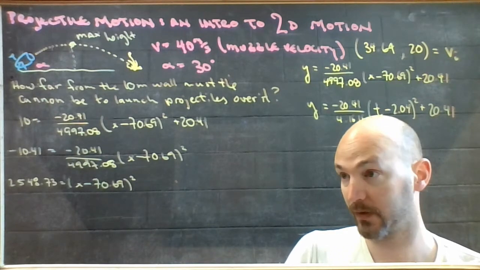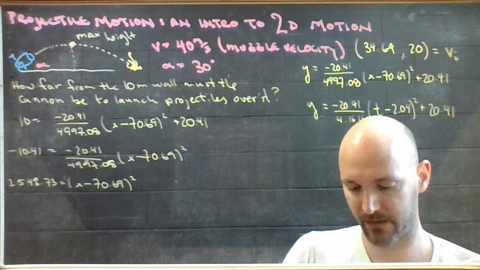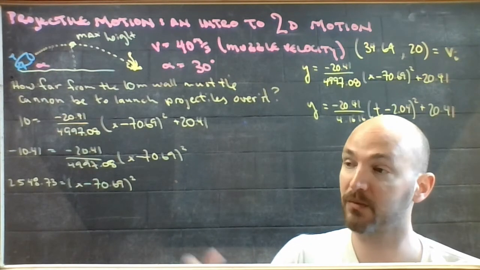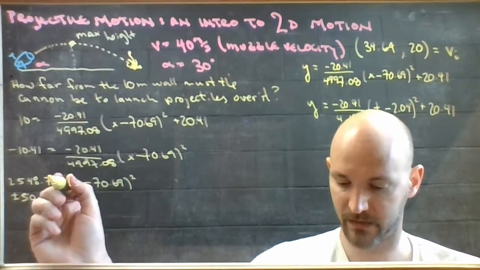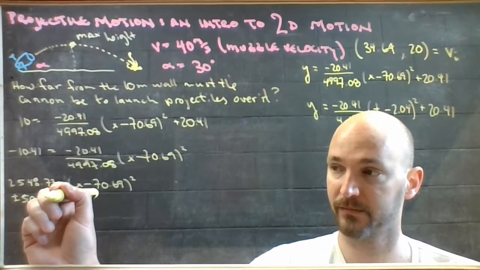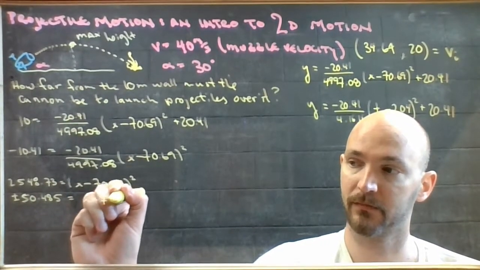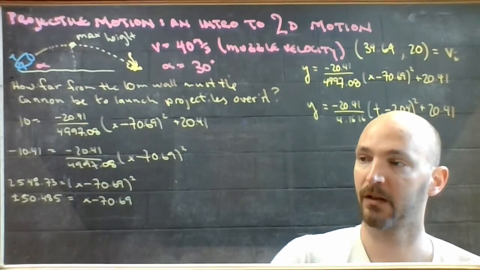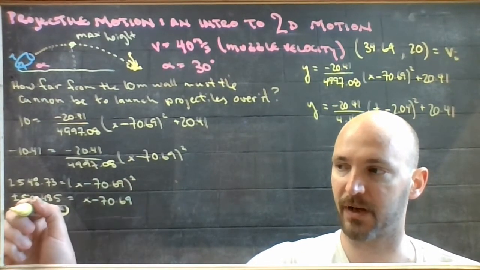Square root of 2548.73 is plus or minus 50.485. Kick the 70.69 over to the other side. Instead of negative, it will be positive.